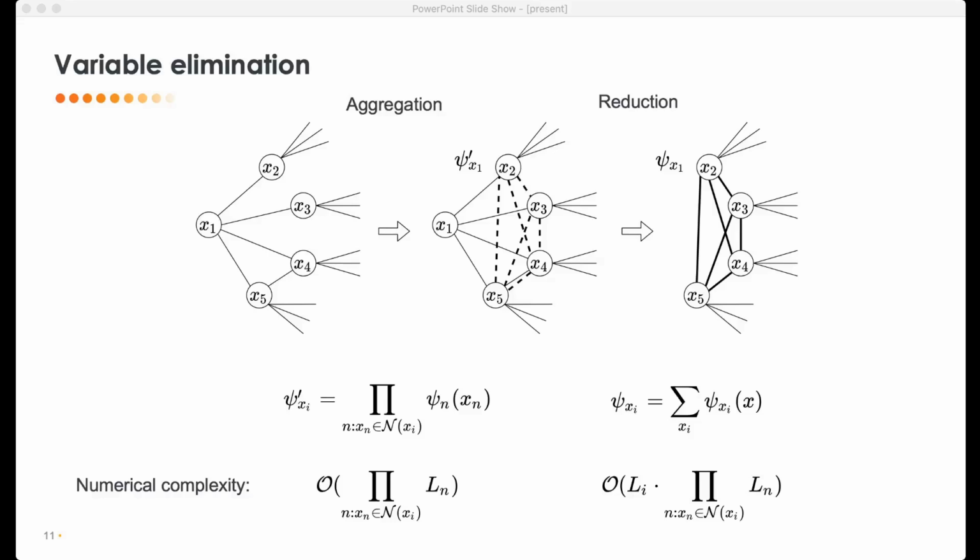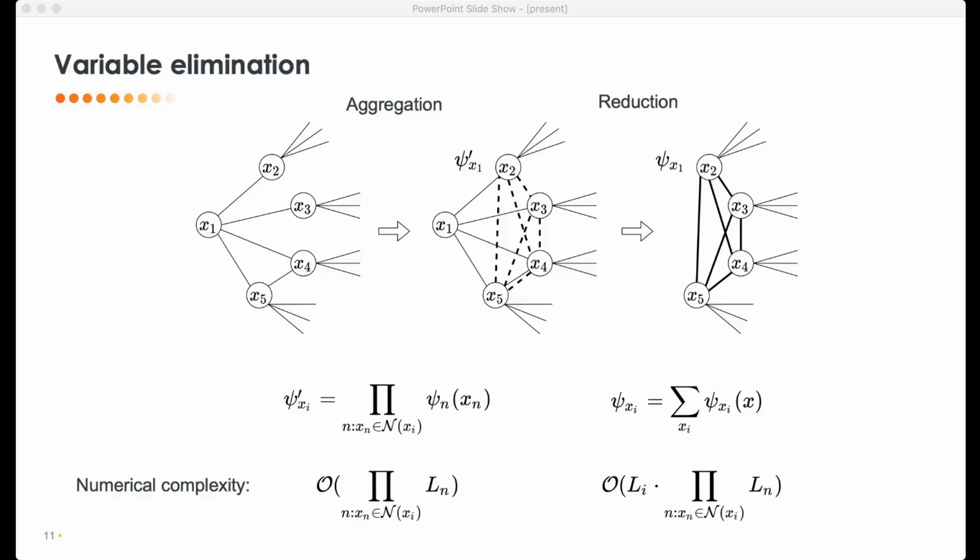This general procedure is called variable elimination, and it comprises two steps. First is an aggregation step, where for a selected variable in the graphical model, we collect all the potentials which contain this variable and combine them into a single large potential. In the graph language, it means that we introduce a clique over all of the neighbors of this selected variable.